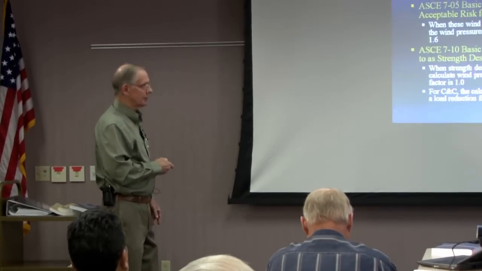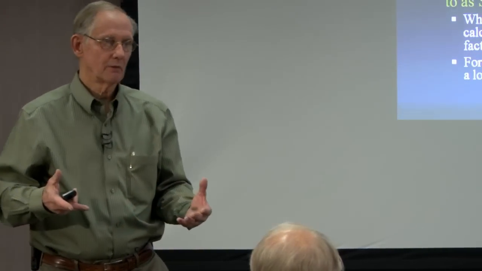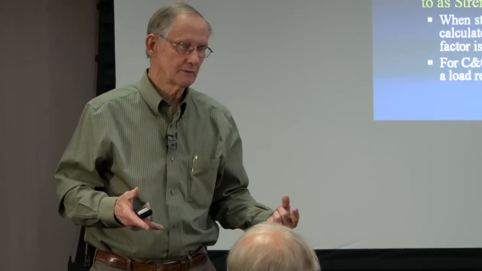In the new version, we're using strength design wind speeds. And these are used to calculate wind pressures on the main wind force resisting system. And the load factor is 1.0. Instead of having a load factor of 1.6, we have a load factor of 1.0.